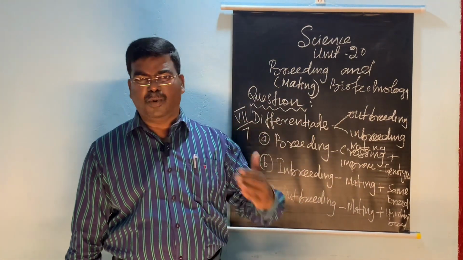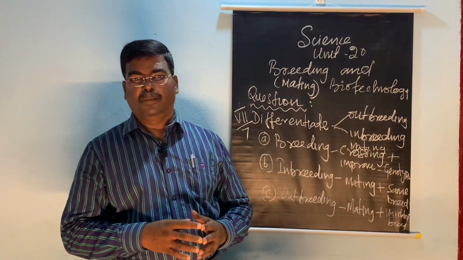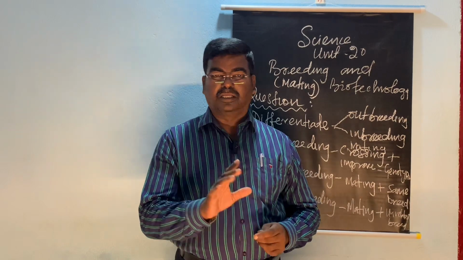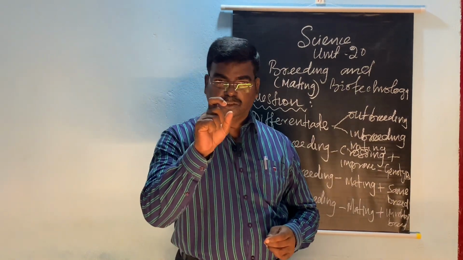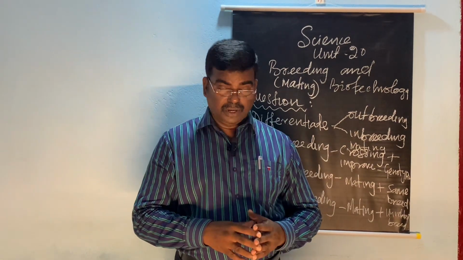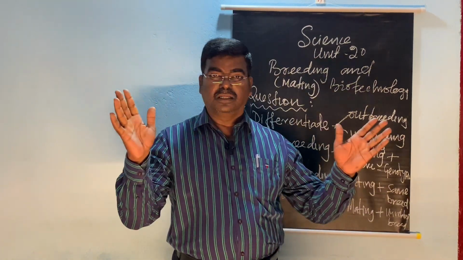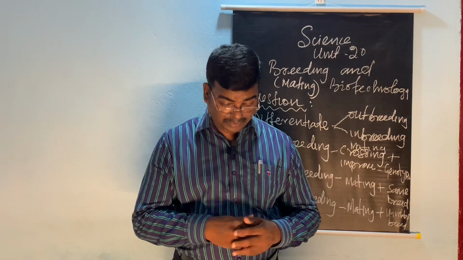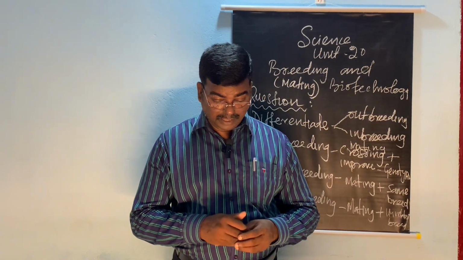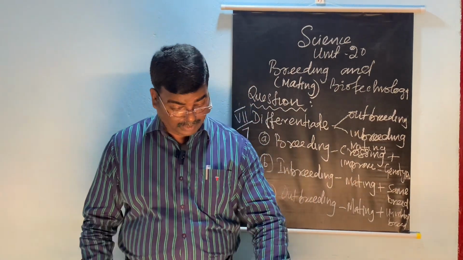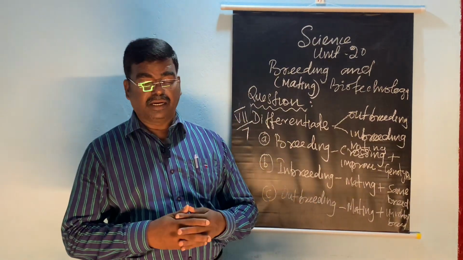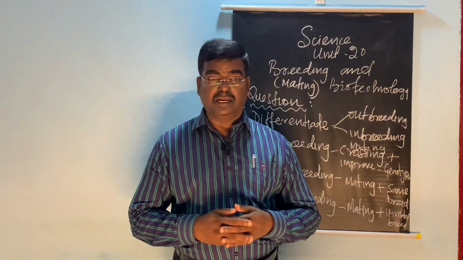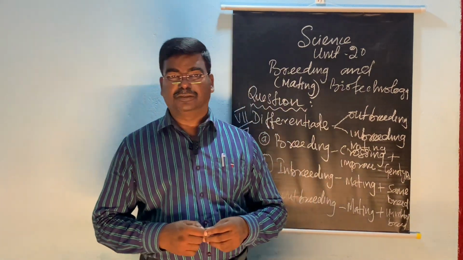These are additional points you should note. The Hisardale is the superior sheep. For that they are selecting two sheep: one is Bikaneri ewes, and another one is Australian Merino rams.